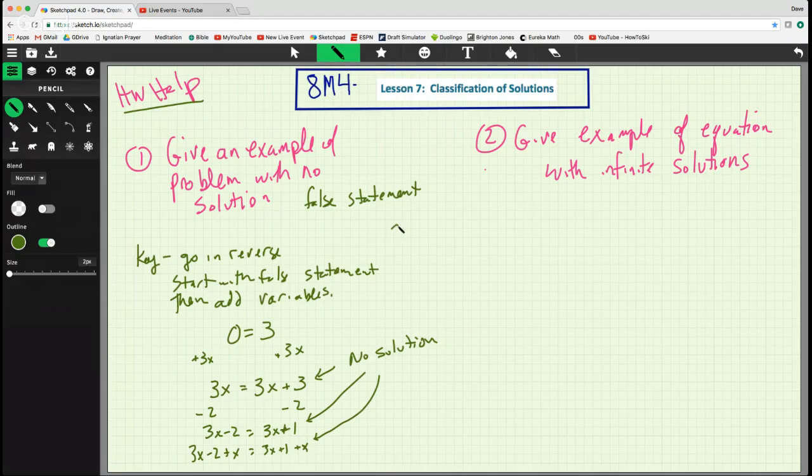Maybe you could start with 2 equals negative 4 and do something cool. Maybe multiply both sides by x.